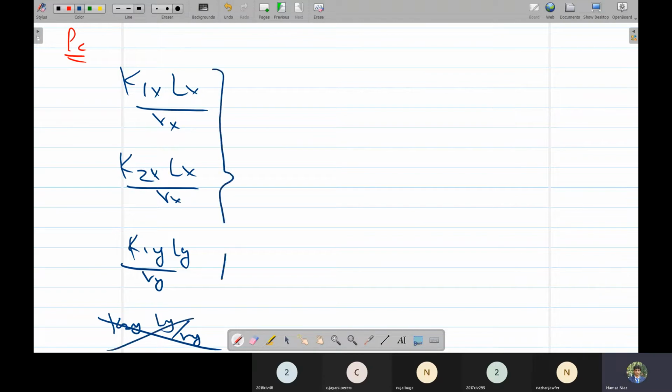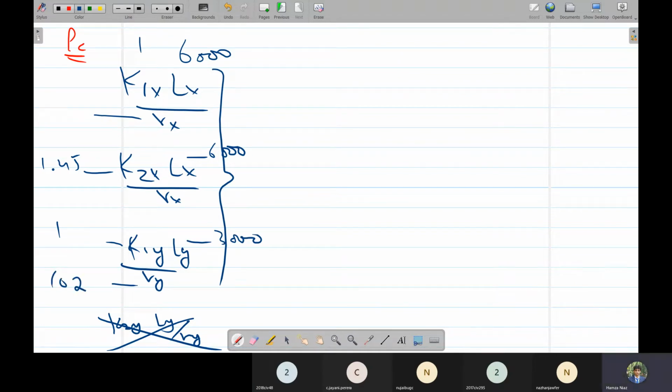K1x we know is 1, Lx is 6000 millimeters, K2x was 1.45 with 6000 again, K1y is 1, Ly is 3000, and Ry was 102, I think.